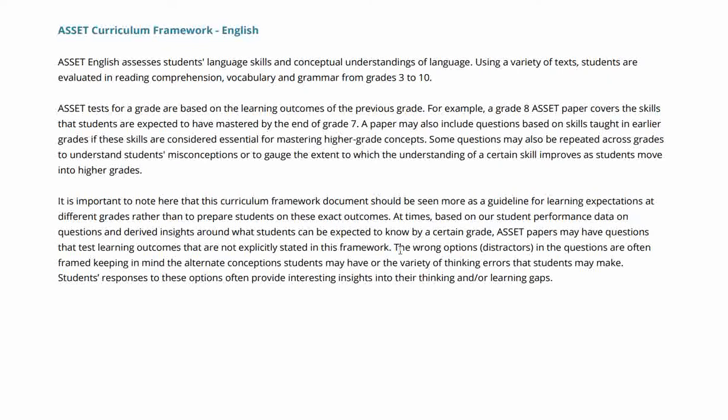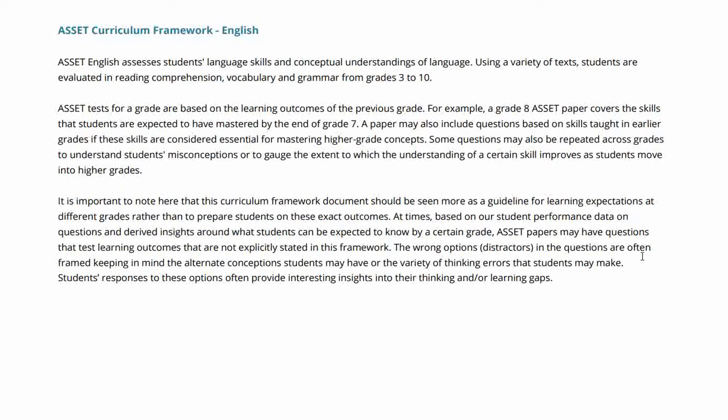But it is applied. The wrong options, that means the distractors in the MCQ. Suppose A is the right answer and you feel that B is also the right answer. B seems to be a distractor which may appear to be the right answer. That is called a distractor by the asset question team.